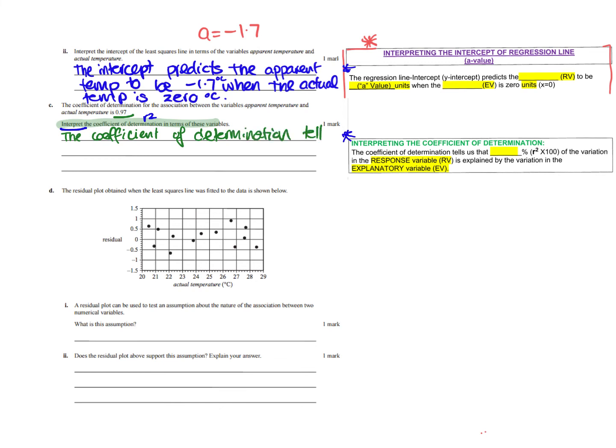tells us that, now I'm going to change the R squared to a percentage. So they've said it was 0.97, so that's 97%.